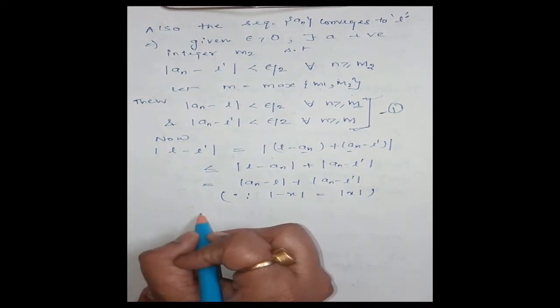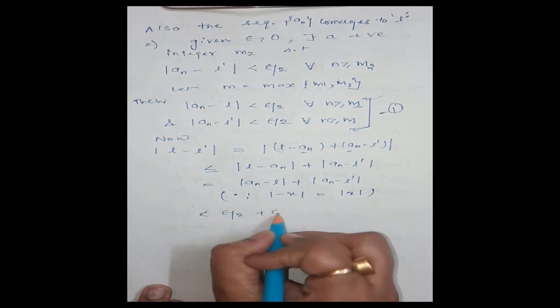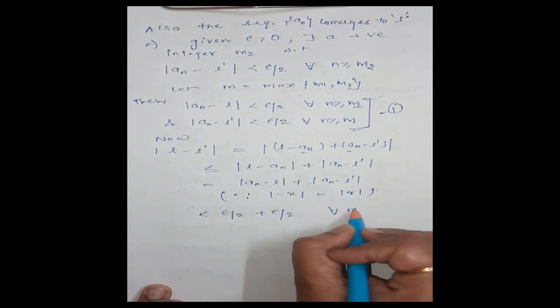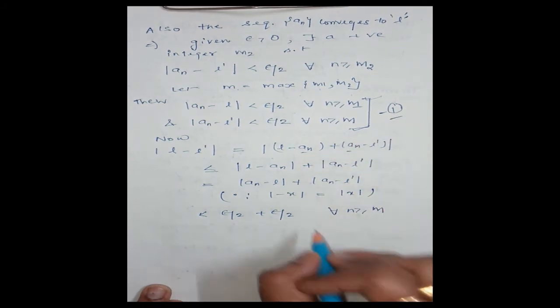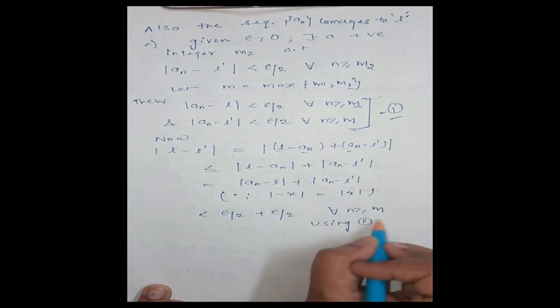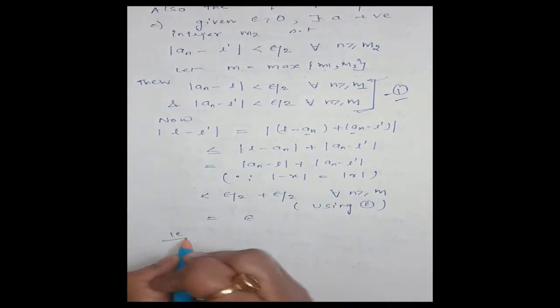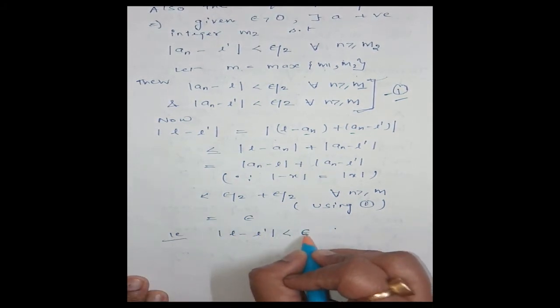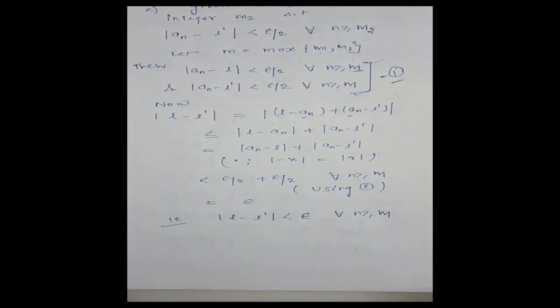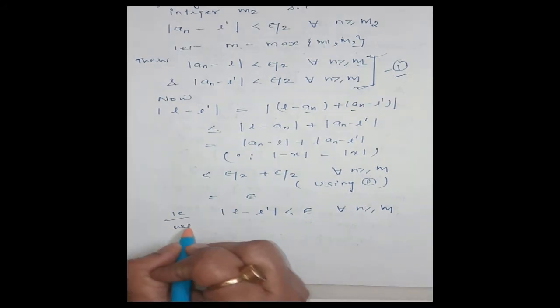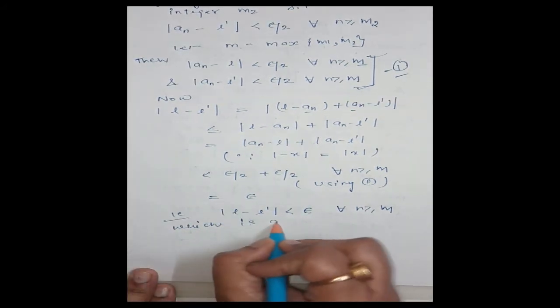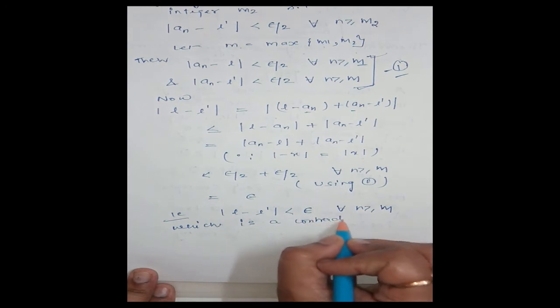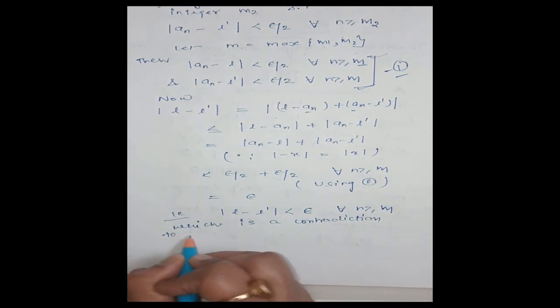Now this is less than epsilon by 2 plus epsilon by 2 for all n greater than or equal to m, using 1, that is epsilon. That is, we have mod L minus L dash strictly less than epsilon. Now it is a contradiction to our assumption.